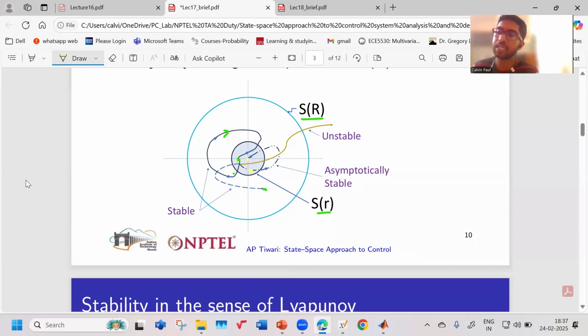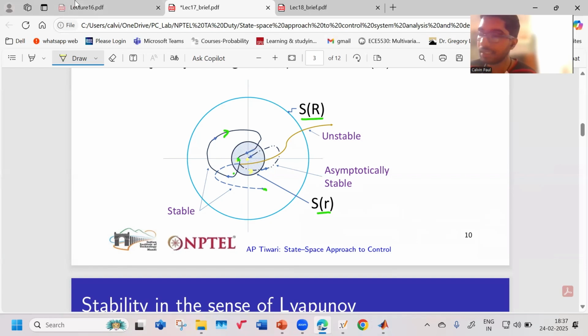That means it is asymptotically stable. It started from some initial condition and is converging to the equilibrium point, which is the origin in this case. So the system is asymptotically stable.